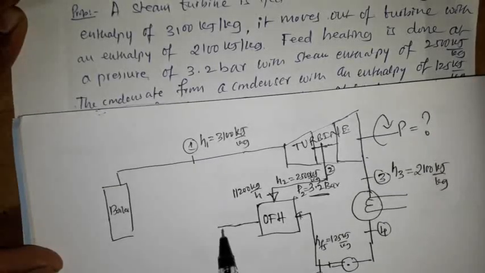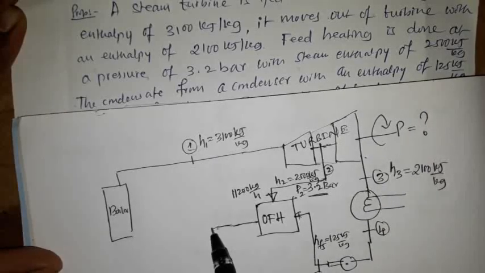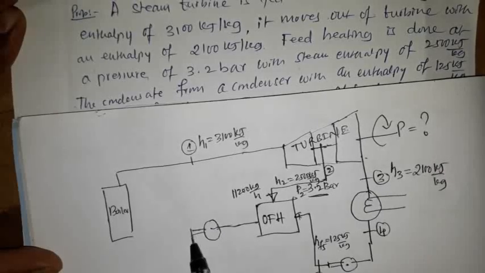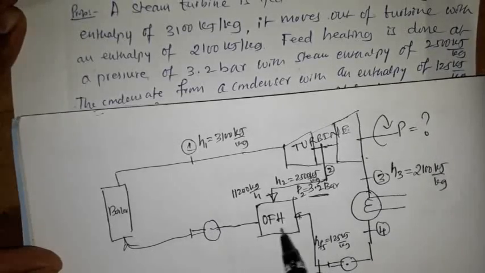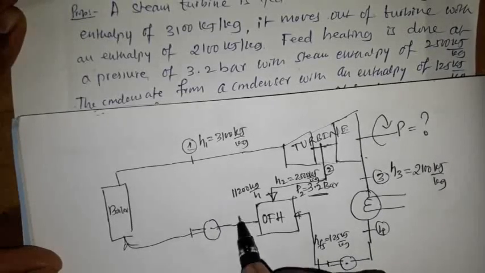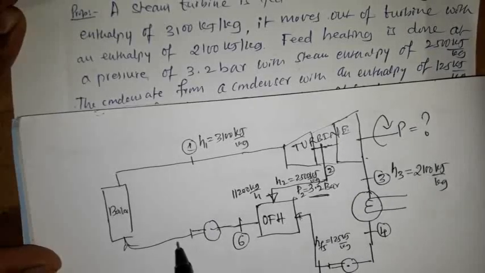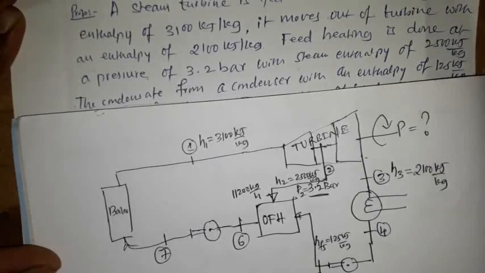So now here we have the pump, which pumps this condensate into the boiler. So here the outlet of the open feed water heater is state 6. From the pump it enters into the boiler at state 7.